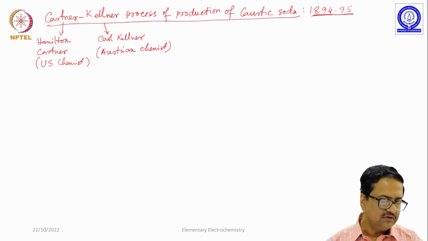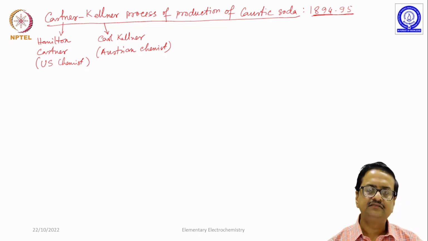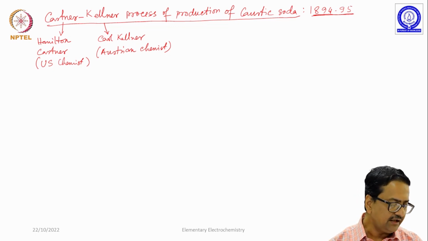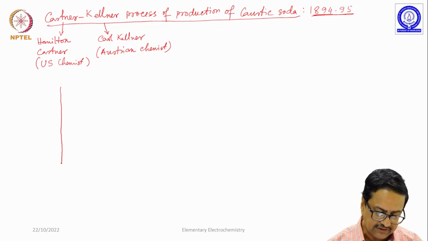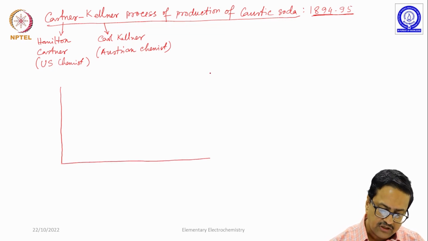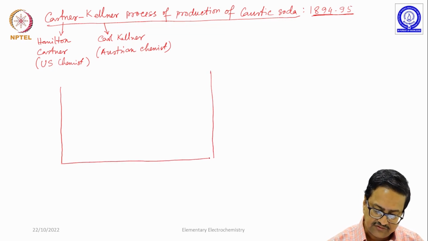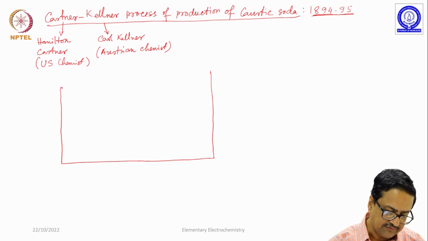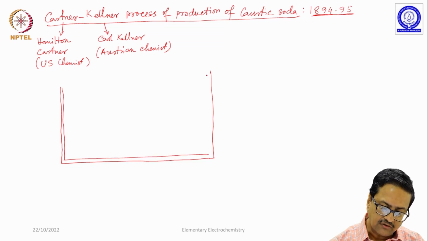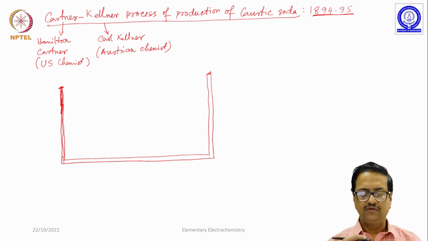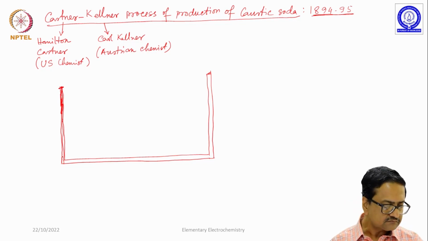So what did they do? They set up a very nice electrolytic cell, where, of course, this cell is a very primitive system. You can understand the original design is extremely primitive. They made a tank with non-reactive stone, so that when the chemical reaction is happening inside, the outer walls do not react.